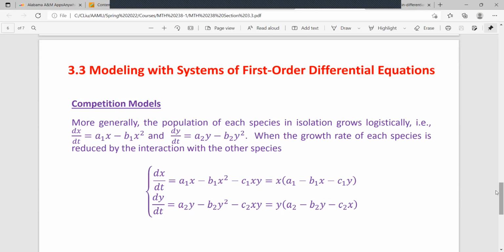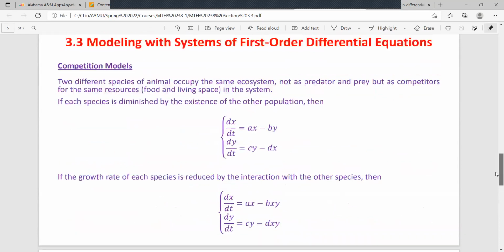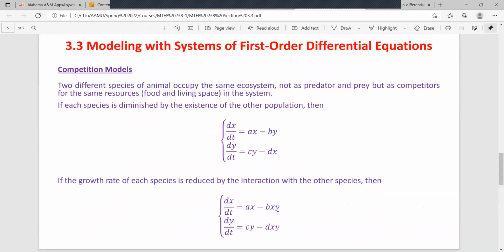If we compare this model with the model before, we included both competitions inside the species, but in this model here, we don't include the competition within the species.